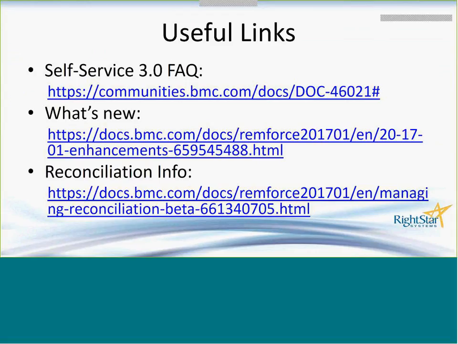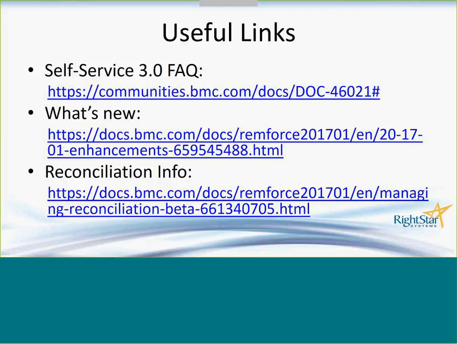I know it's probably not the easiest to look at links through a WebEx, but I'm going to leave these up for a second. There is a Self Service 3.0 FAQ on Communities. Just go to Communities, go to Remedyforce, and search for the 3.0 FAQ. I'm sure you'll be able to find it pretty quickly. It has what's new.